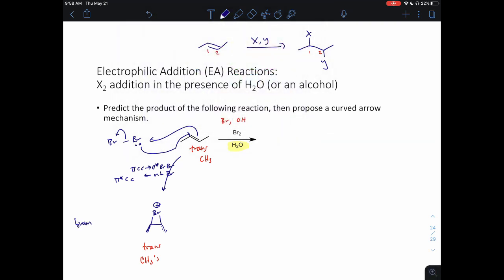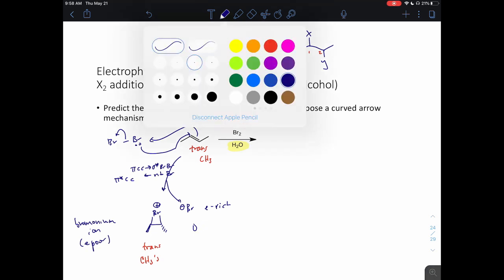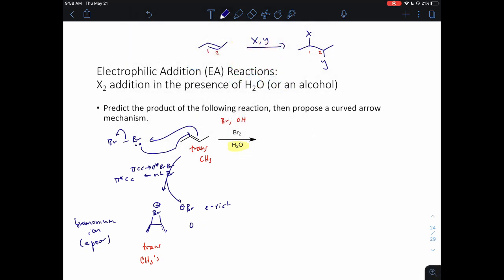Now that we know the bromonium ion is electron poor, in the first step here, this generated bromide, which is an electron-rich species. And in previous examples, we had bromide open up the bromonium ion. But in this case, we also have water around, and you need to consider what is a better nucleophile, water or bromide.